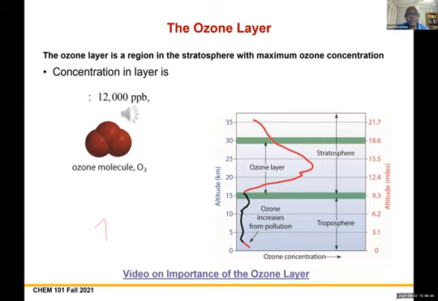The ozone molecule is triatomic. Ozone is the name for O3, trioxygen. It's a systematic name for ozone. Compared to that, ozone in the troposphere is only between 20 and 100, about 1,000 times less ozone.